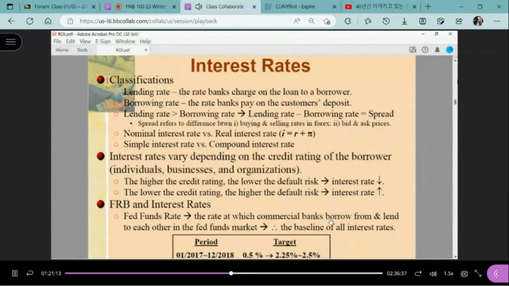Okay, does that make sense? Why? Because when you are putting your money in the bank, the bank is the borrower, and the bank calls the shot. What interest they pay, the bank calls the shot.